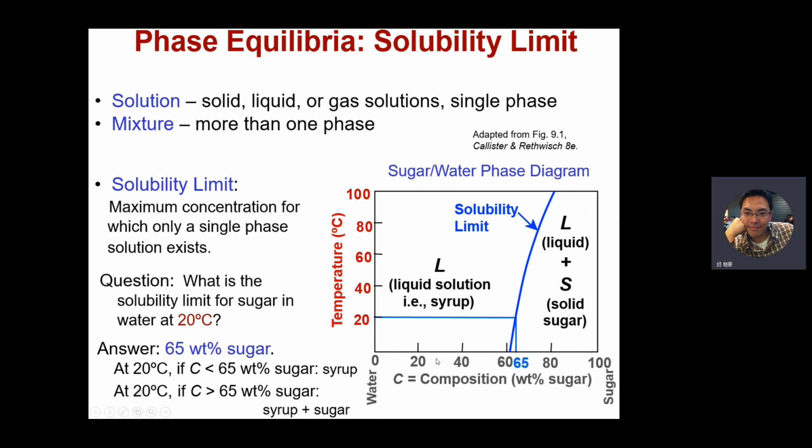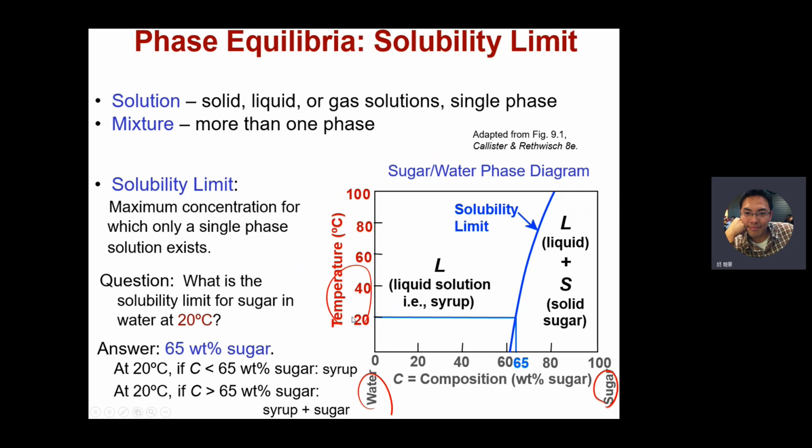We can adjust the composition of water and sugar, and homogenize them at a fixed temperature. When the solubility limit is reached, you will see a solid precipitate.